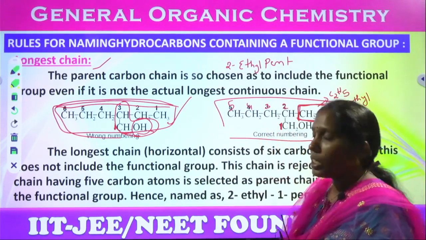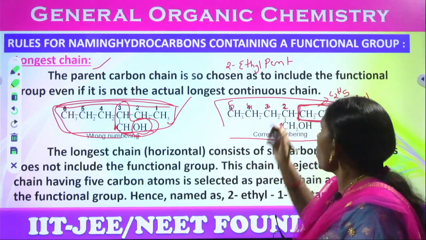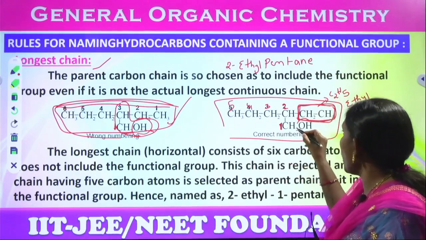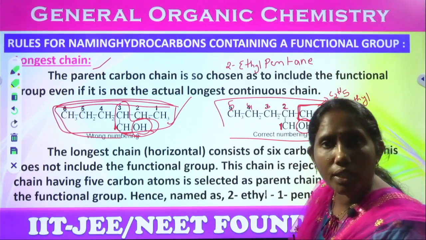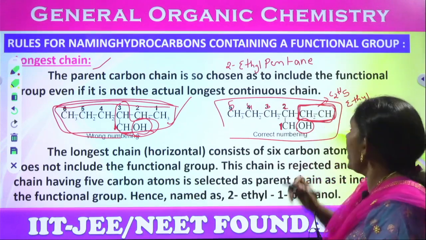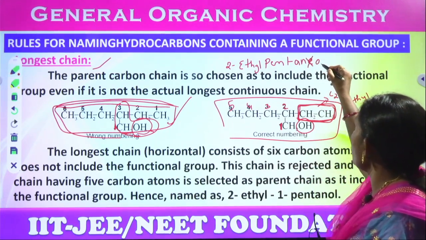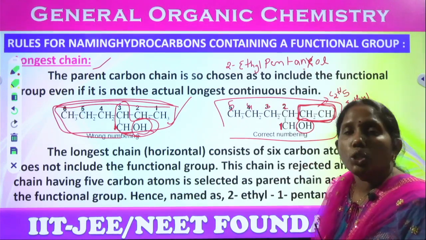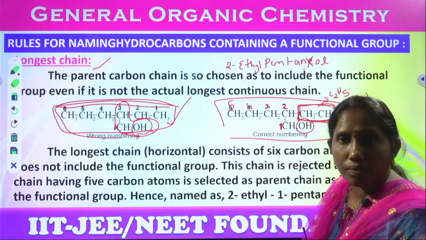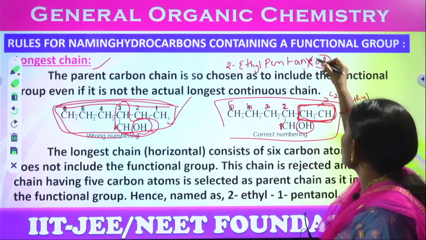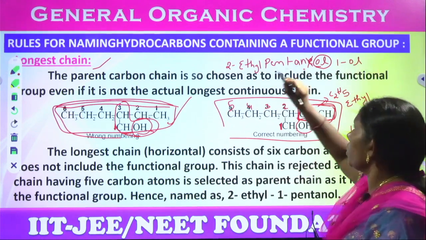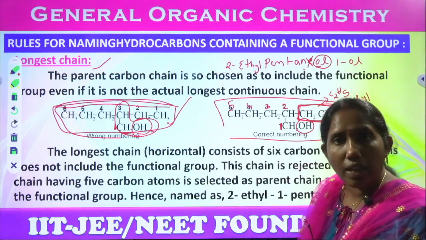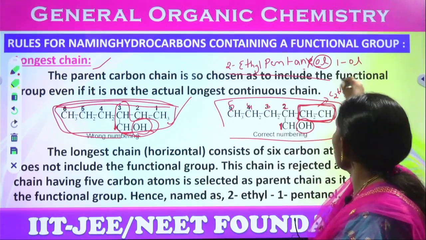All carbons have single bonds between them, so obviously it is pentane, but the functional group OH is present, and its suffix is ol. We drop the e and add ol. So 2-ethyl pentanol. Even the ol position can be written: 1-ol, 2-ethyl pentane 1-ol. So this is the name of the compound.